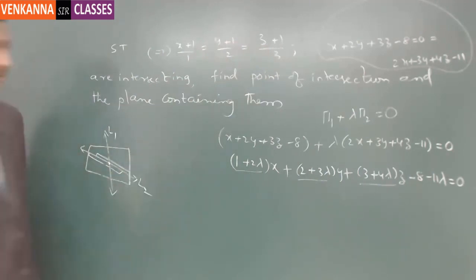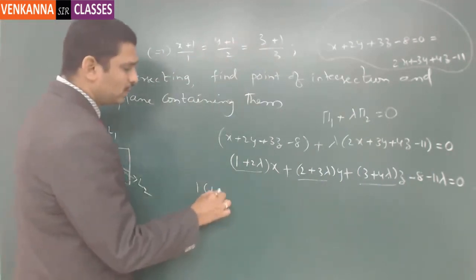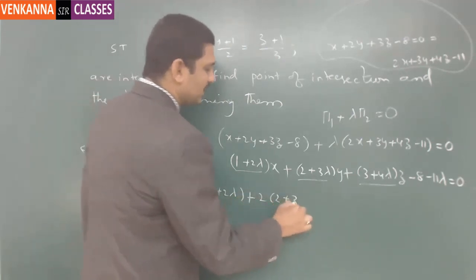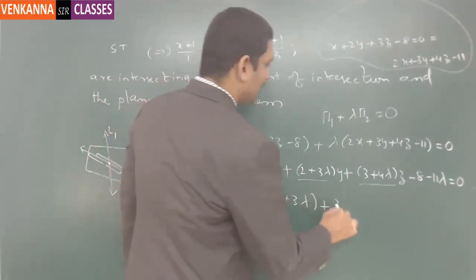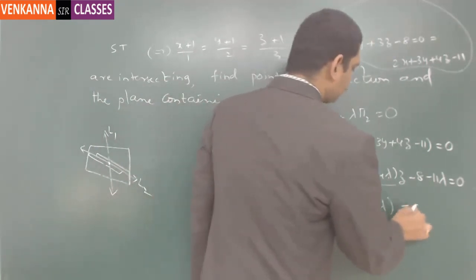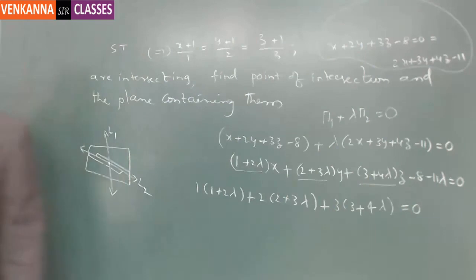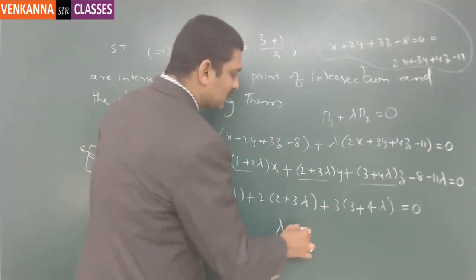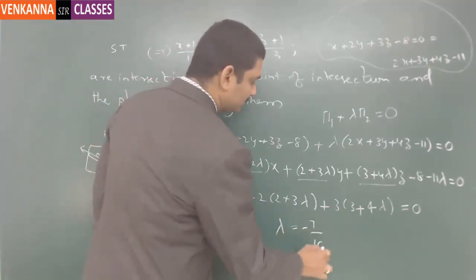Let us apply that: 1 into 1 plus 2 lambda plus 2 into 2 plus 3 lambda plus 3 into 3 plus 4 lambda equal to 0. If you simplify that, you get the lambda value as minus 7 by 10.